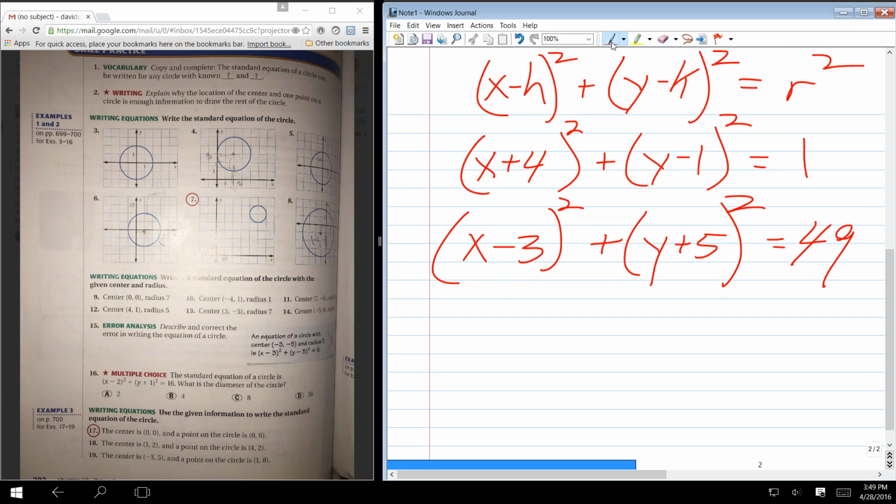Okay? So in number 16, what's the answer? Question is, what is the diameter of the circle? 8. Good.